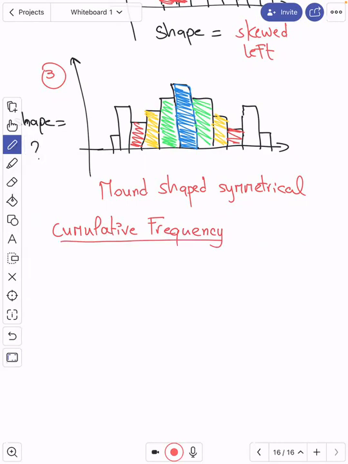So cumulative frequency is different from frequency and relative frequency.